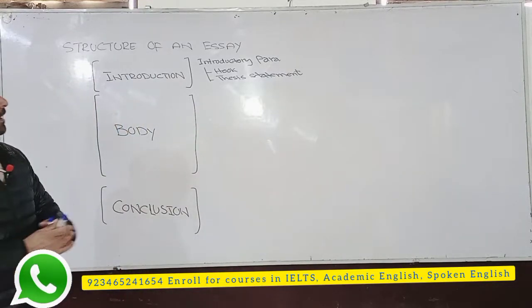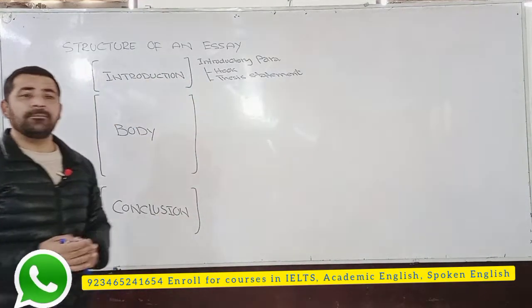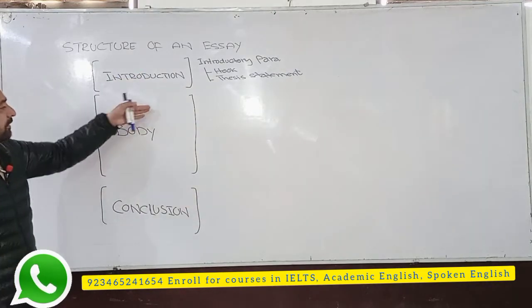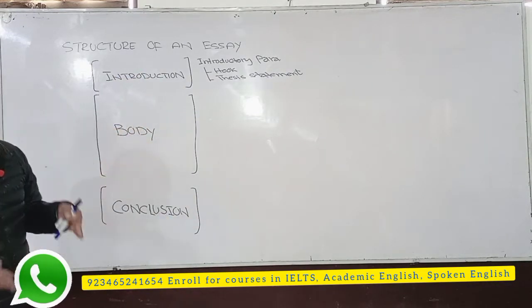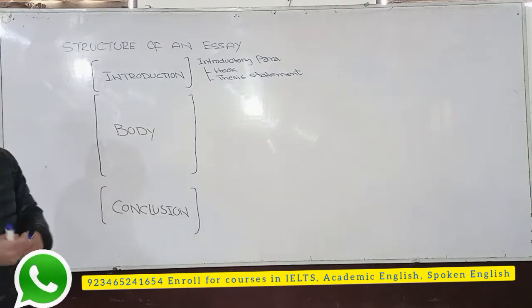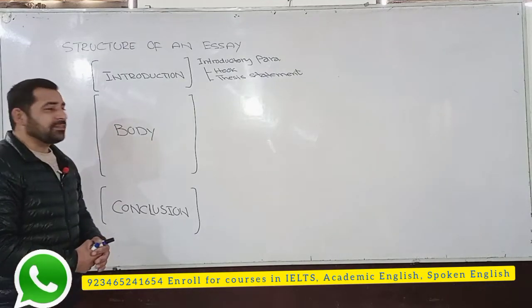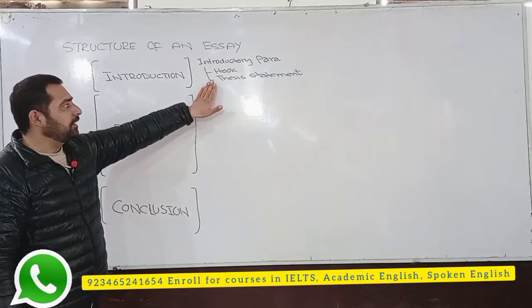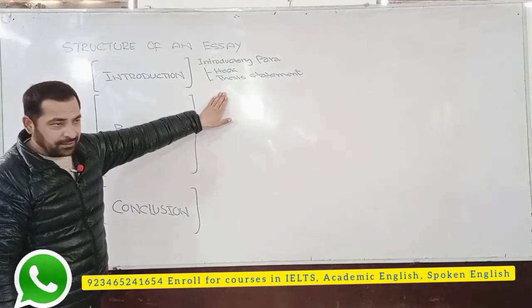Keep patience, and I am going to further talk about these things. Now let me go into detail about the requirement of each part of an essay, and then I will elaborate each point. So nothing else in the introductory para: a hook is required and a thesis statement is required.